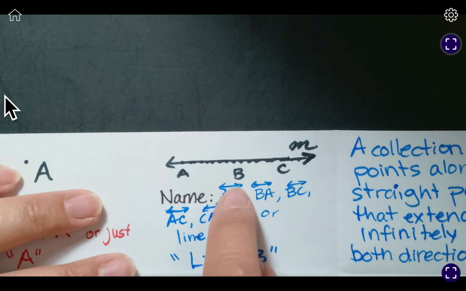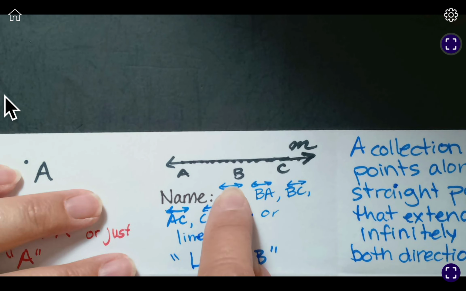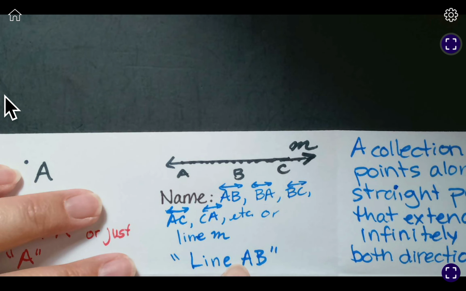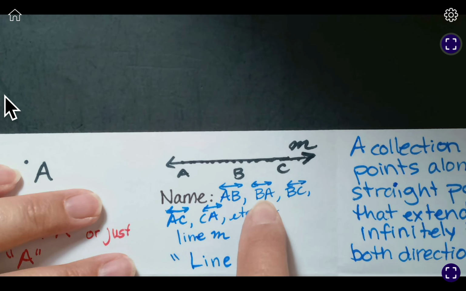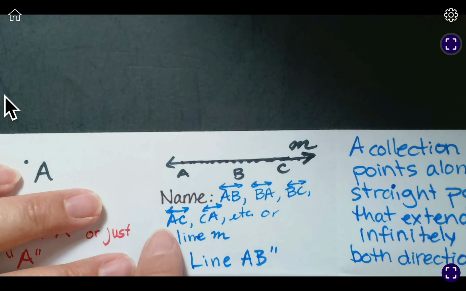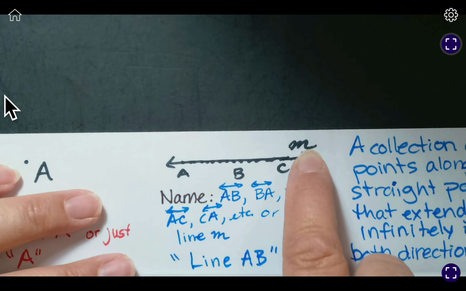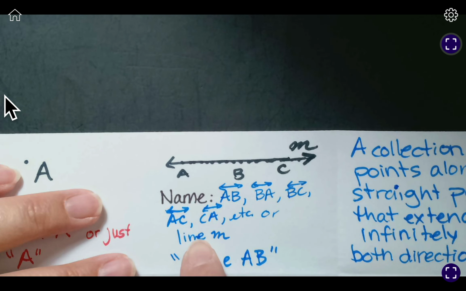So the name, you draw an arrow. Make sure you have arrows on both ends, A, B, B, A. And you say line AB, line BA, BC. Any 2 letters will do. Or if you have a small cursive letter, like italics or cursive, whatever you want to call it, you could use that, and that would be line M.